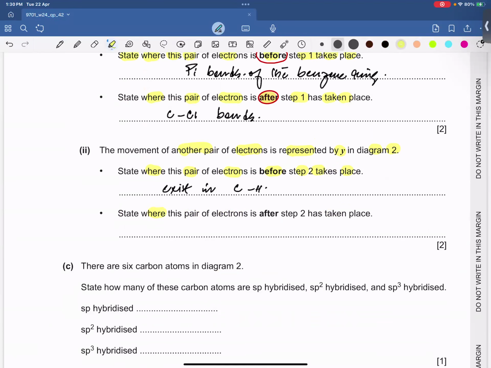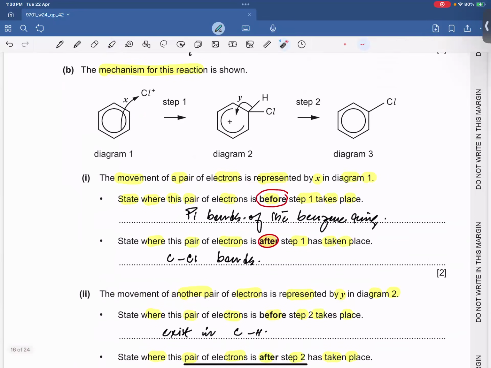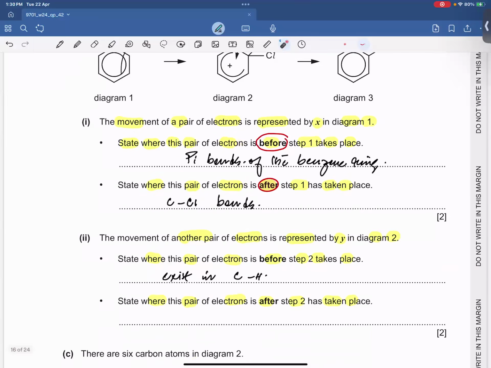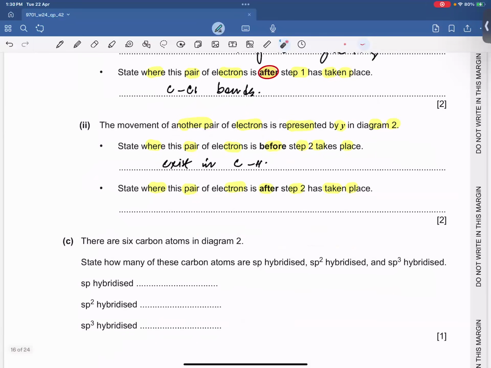Now the next part: state where this pair of electrons is after step 2 has taken place. This bond shifts into the ring so that the pi bond is completed. So obviously, what we can say is that it goes to make the pi bonds of the benzene ring.